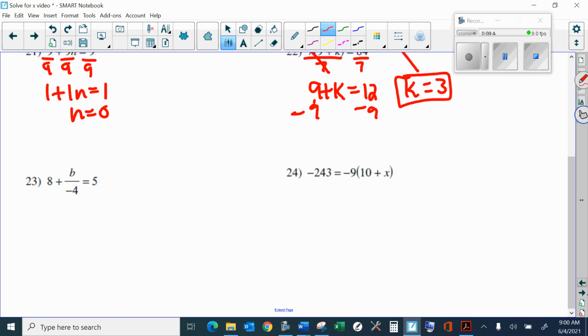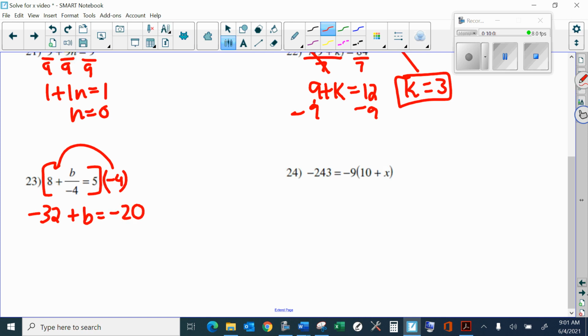Here, if we want to practice getting rid of the fraction right away, multiply everything by negative 4. They get negative 32 plus b equals negative 20.